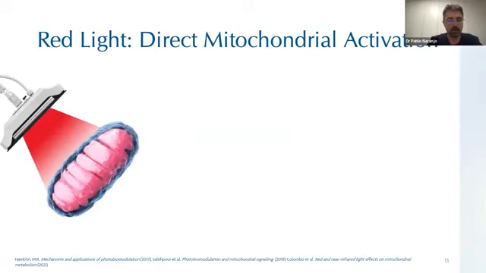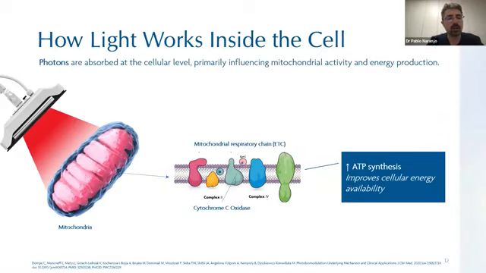Okay, sorry. We are going to talk about the three most important wavelengths we are going to interact with: the blue, the red, and the infrared. As we said, they have different pathways to work. Red light works directly in the organelles of the cell. It goes directly to the nucleus of the cell and activates the messenger RNA of the cell.